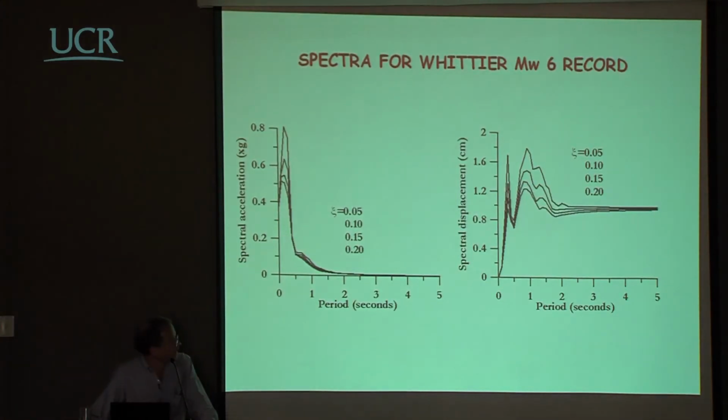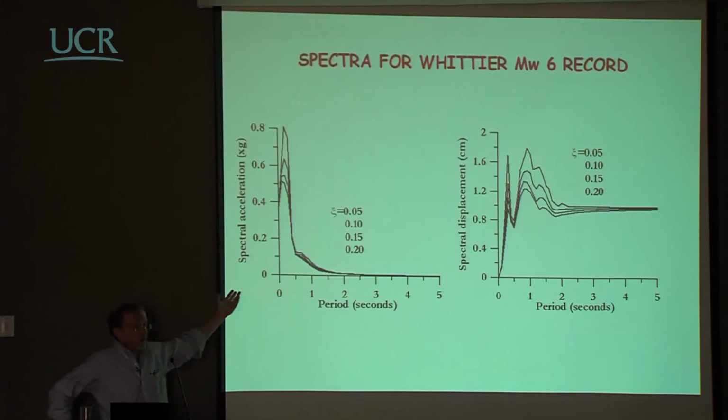As you can see, the acceleration spectrum is a rather narrow spectrum with a peak that goes up to about 0.8 g acceleration for 5% damping. And of course, if you increase damping, you will see that the peak comes down, as you would expect. But in the descending branch, you don't see much difference when you change the equivalent damping.